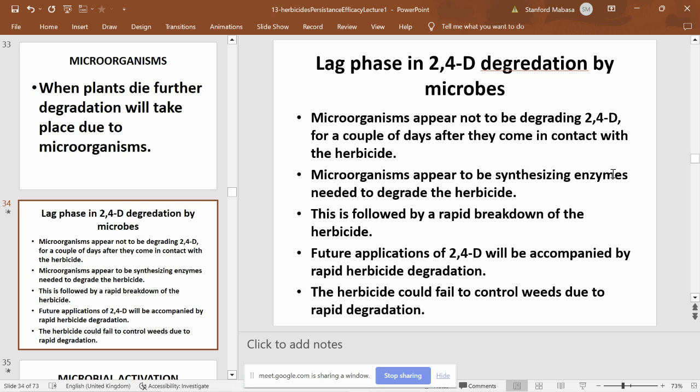So future application of 2,4-D could be accompanied by rapid degradation, meaning that the population which is now existing in the environment has now acquired these enzymes. In USA, there are some places where herbicides do not work simply because of rapid degradation due to microbes.